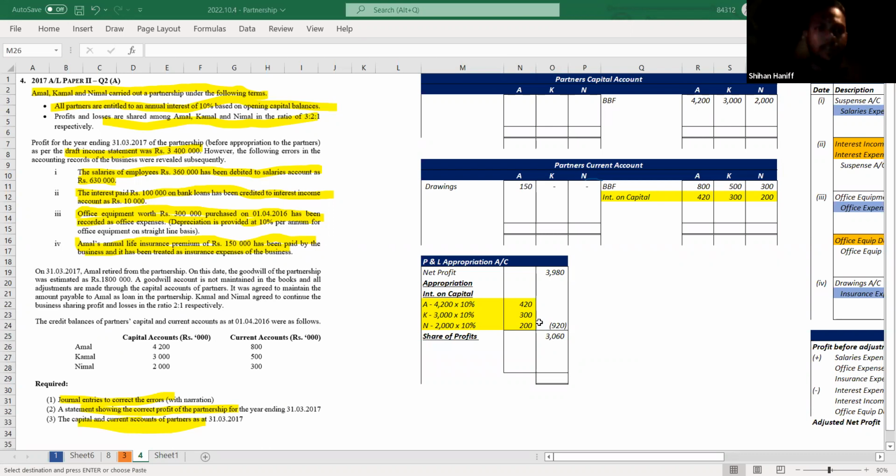Old ratio is 3:2:1. 3 means it's half. 3,060 into 3/6. Share of profits to the current account.